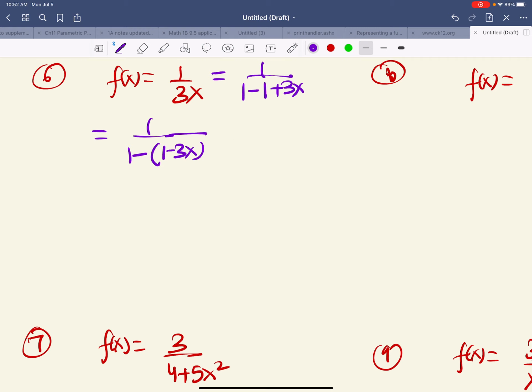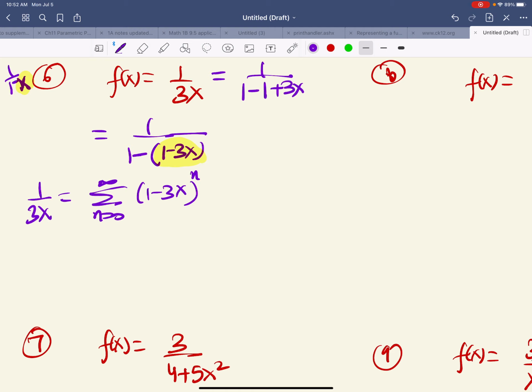So now it is in the form 1 over 1 minus x, and it's not x in my case, it is 1 minus 3x. So that's replacing the x. The power series for this function is going to be the summation from n equals 0 to infinity of x to the power n, which, in my case, x is (1 minus 3x), to the power n. And I'm going to leave it at this point.